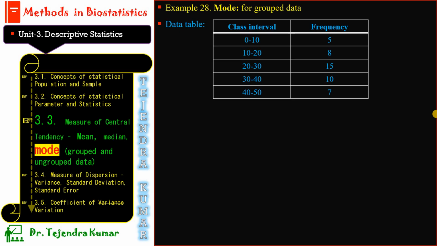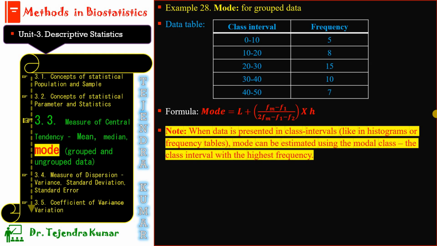In the next example, this is the mode for grouped data. So now be attentive here. As we discussed earlier, we will apply this type of formula whenever data is grouped. Here is a note.